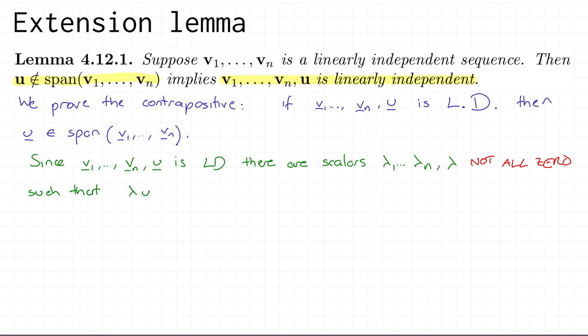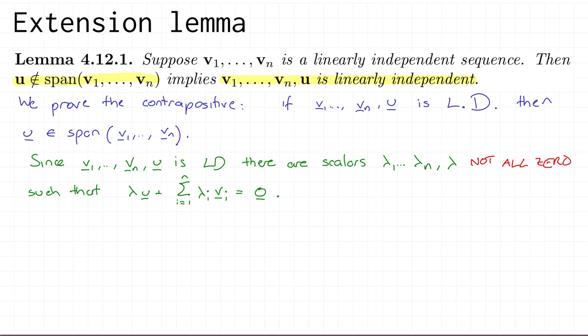So I'm going to say lambda U plus the sum from i equals 1 up to n of lambda i Vi, and that must be equal to the zero vector in whatever vector space we're working with. So let's just call it 0 with an underline.